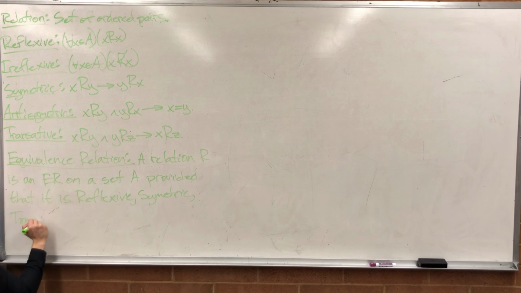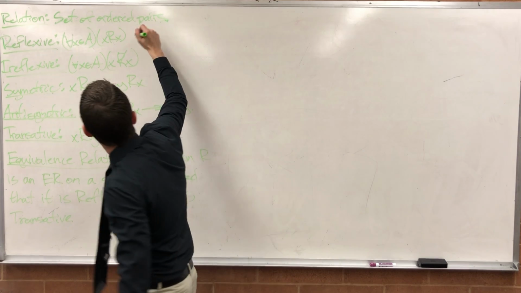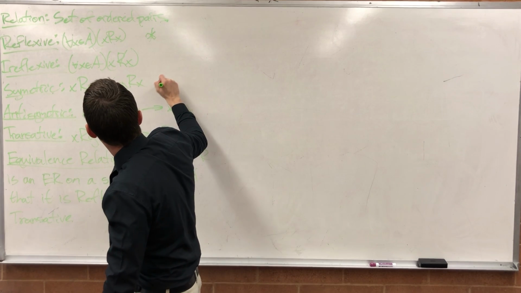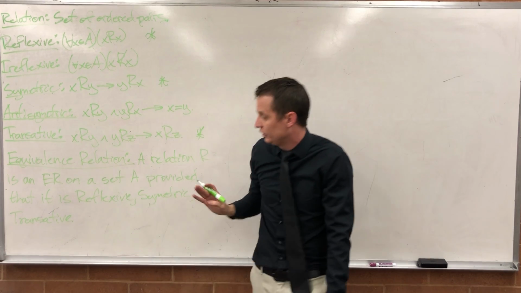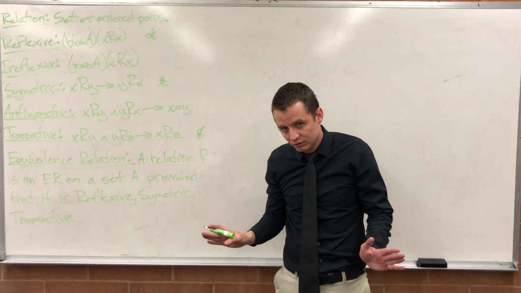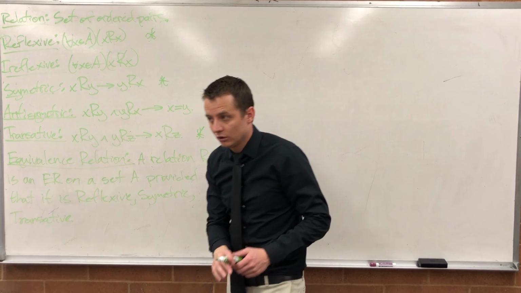Just those 3. So we have a special name for relations that satisfy this one, this one, and this one. You satisfy those 3 things, we call you an equivalence relation. Good?